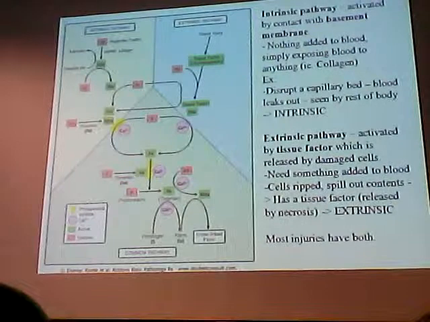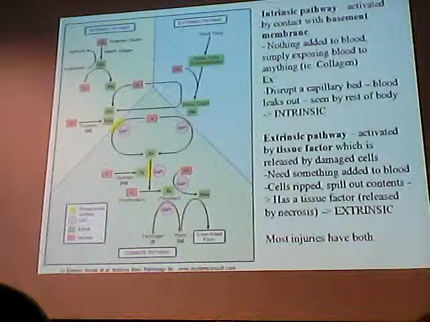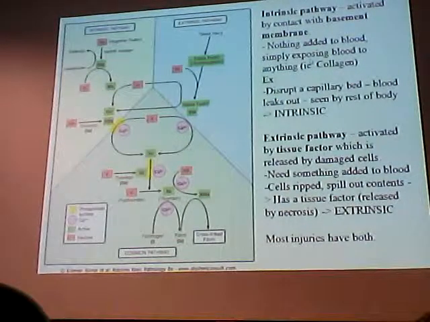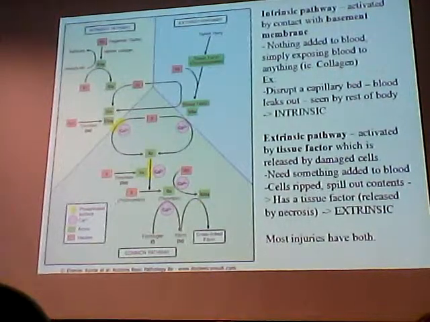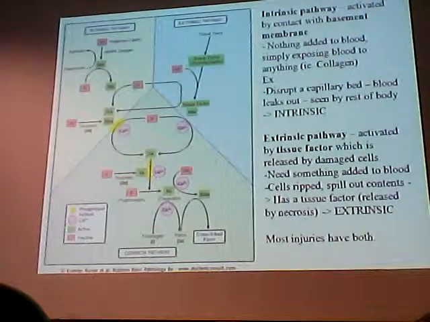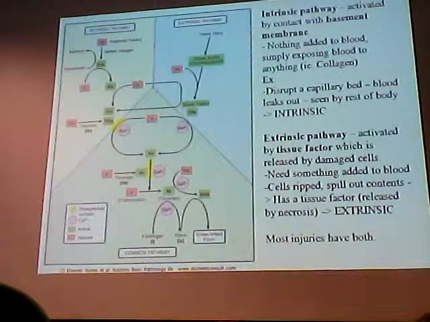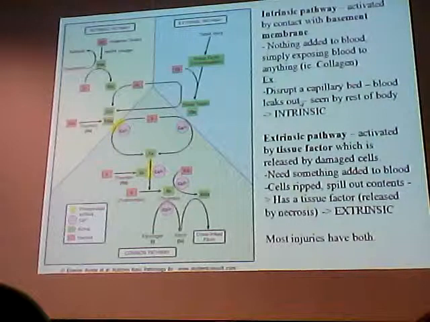Talking about it in a little more detail, the intrinsic pathway is activated by contact with the basement membrane. So there are no factors floating around in the blood. It's actually just exposure of the blood to something that's already part of the system, like collagen.